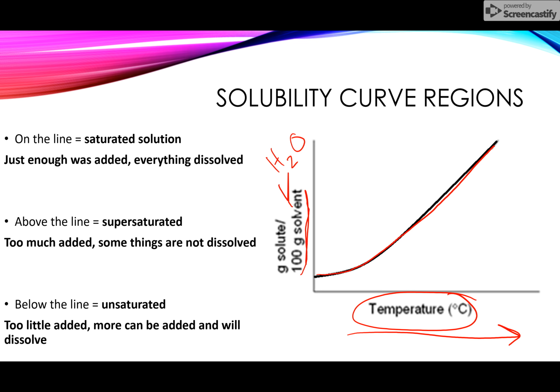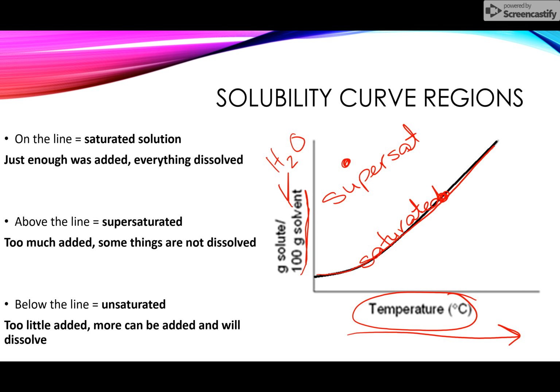Okay. Now, let's say that there's a point right on this line. If it's right on the line, then that means we are saturated. It means we've added just the right amount, and that can all dissolve. If we're a point above the line, anywhere above that line, we're supersaturated. And supersaturated means that you added way too much.